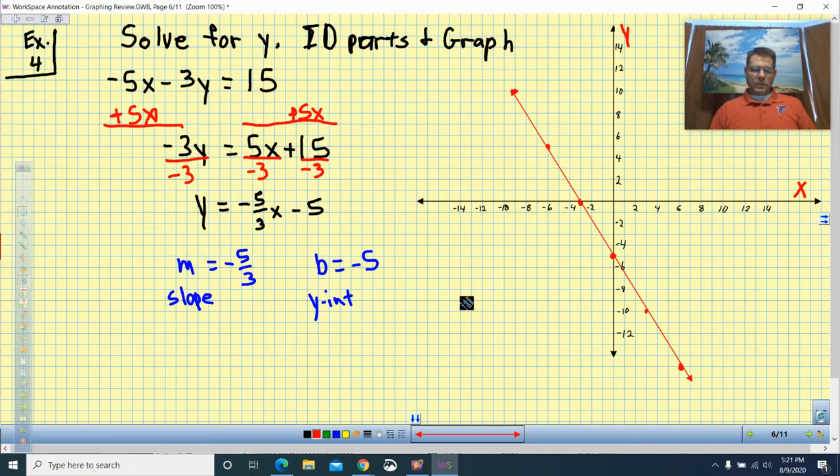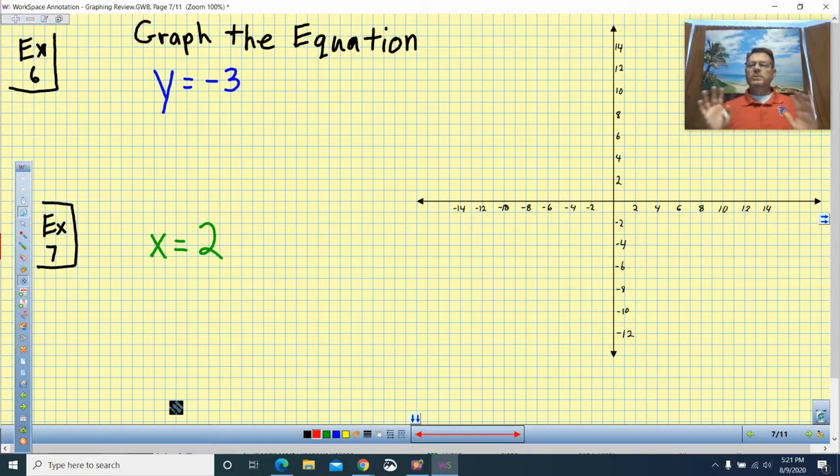Okay, I'm going to switch gears in this graphing thing to talk about some special cases. This is always something that kind of throws people off, because when I see y equals -3, I just see that's a number, right? But why is y equals -3 in this situation going to be a graph of a line?